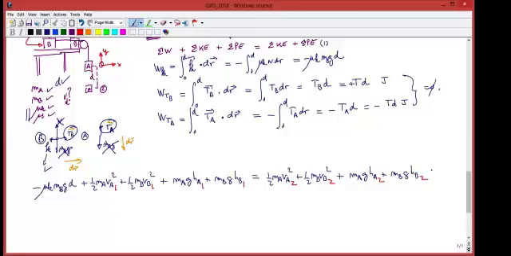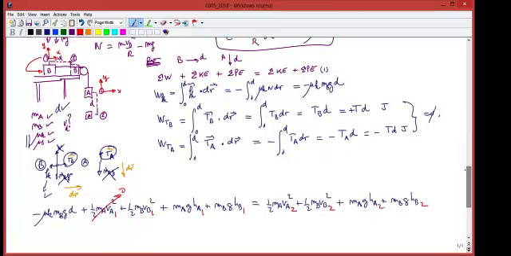Is the object A moving while it is at state 1? Excellent. No. Therefore, 0. Is object B moving as it is positioned at state 1? No again. Good.